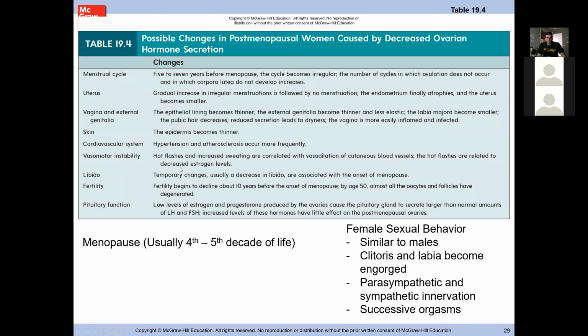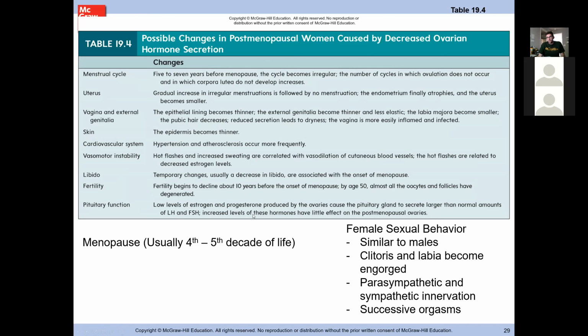So this is roughly around age 40. And then by about age 50, almost all the oocytes and follicles have completely degenerated, right? So by about age 30, women have lost typically about 90% of viable primary oocytes that are going to be able to be utilized for a fertilization event. Okay? And then the pituitary gland function changes.